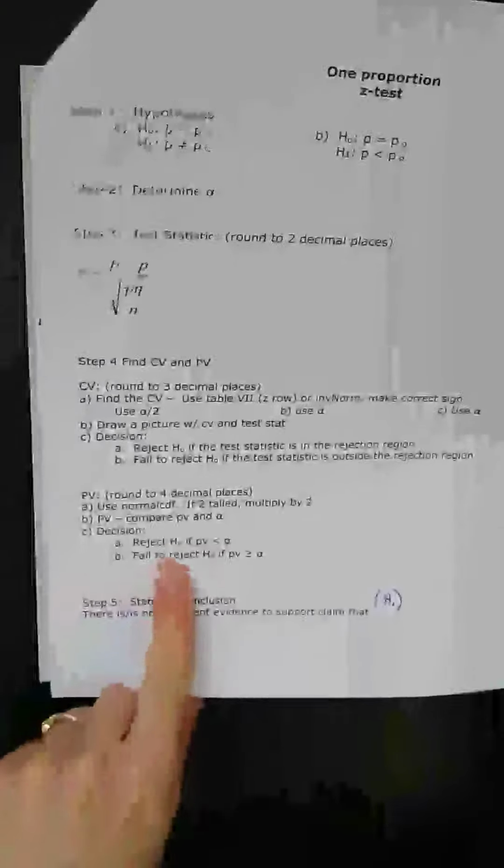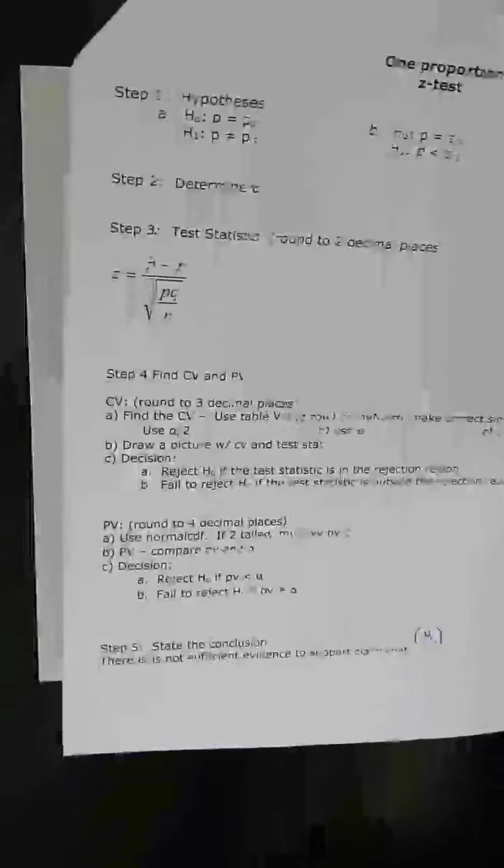Once we have the p-value, then we're going to either reject the null hypothesis if the p-value is less than alpha, or fail to reject if the p-value is greater than alpha. And again, this little reminder is in your note packet, your summary page, right here. Once you've done your p-value, you can reject or fail to reject based on how your p-value compares to alpha.